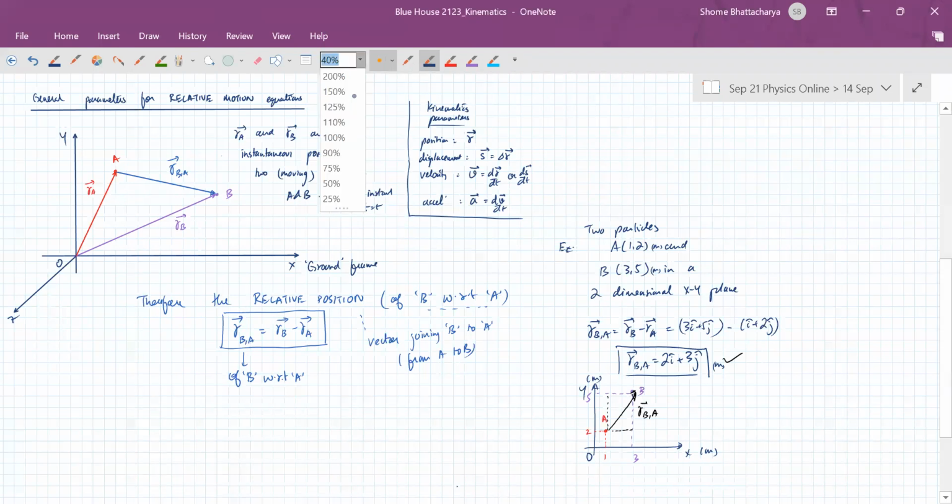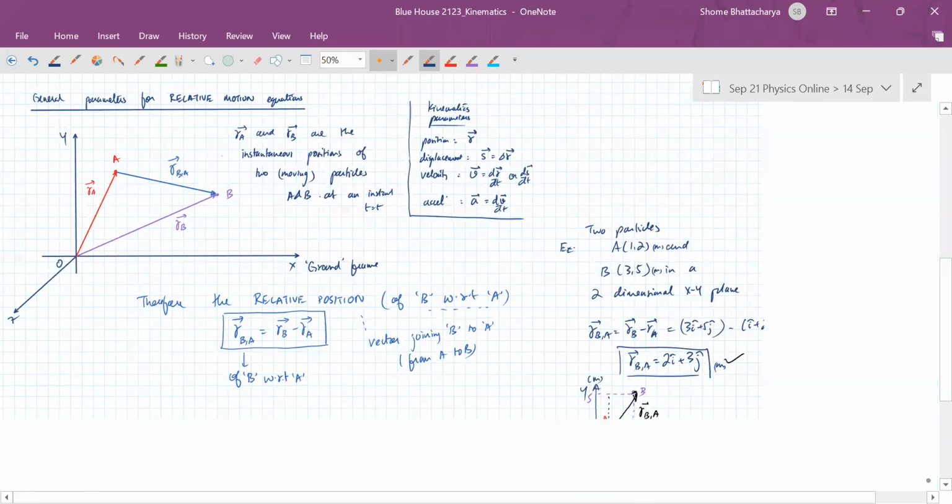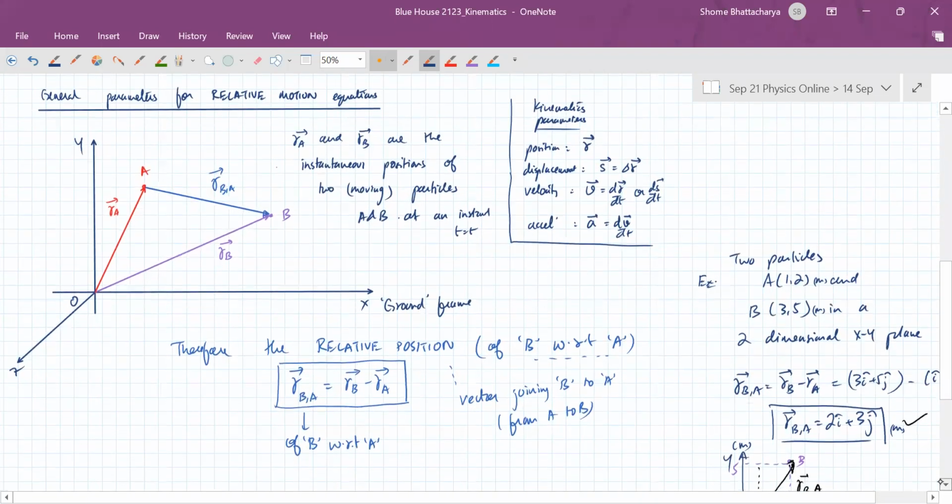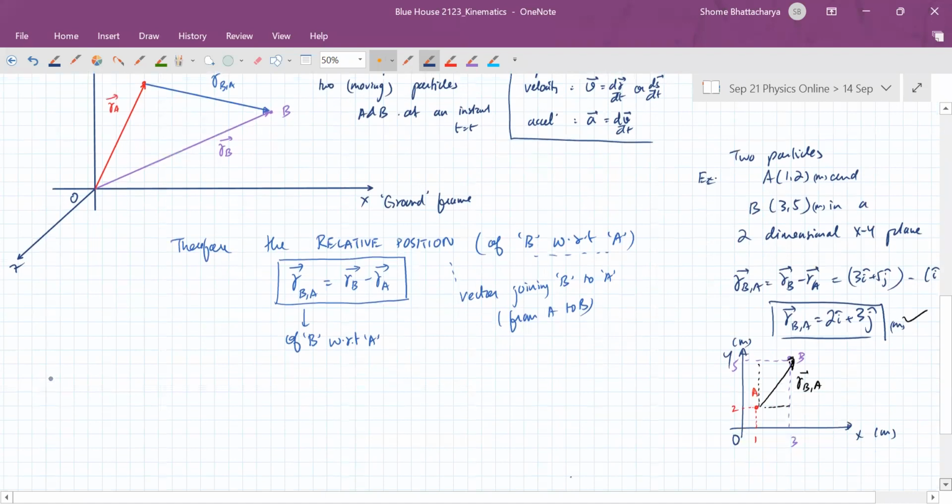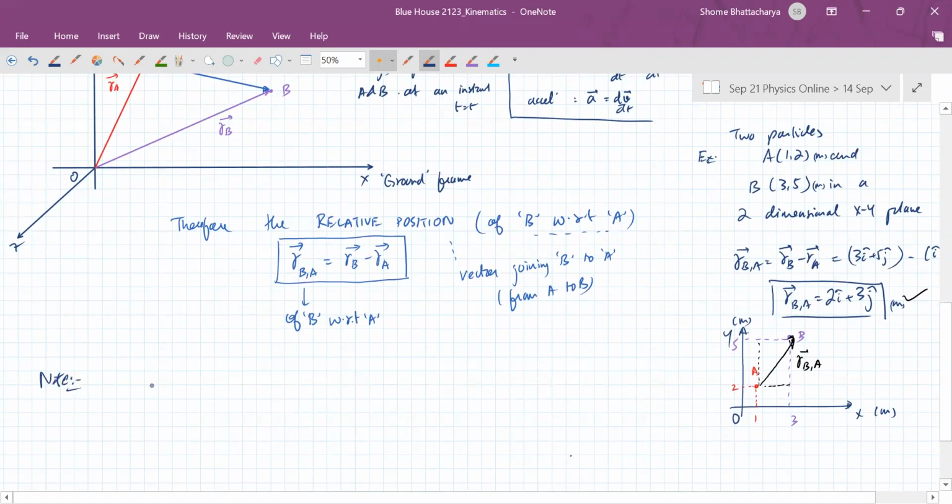Okay, so one additional important point that we can understand here is that the position of A with respect to B will be RA minus RB.